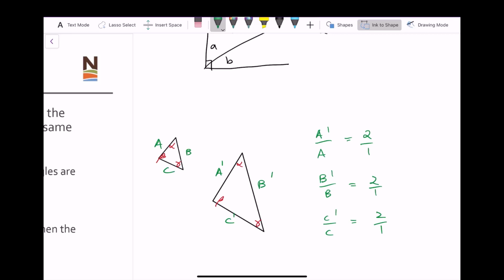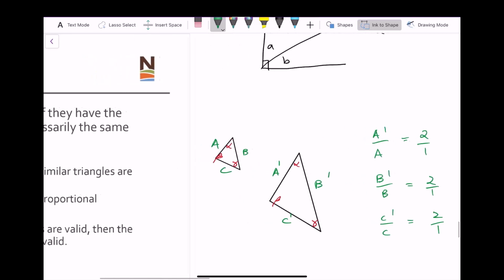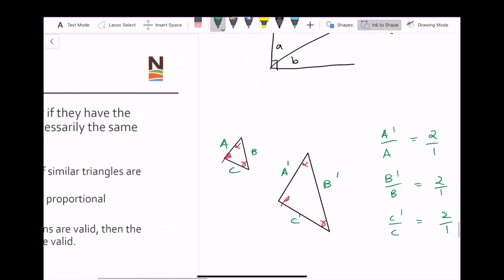And that's really important because you may come upon this during your studies in this course, where you have two triangles that look the same, and they are essentially the same if they're considered similar triangles, if one of these two conditions is true. And then it allows you to very quickly and easily calculate the lengths.